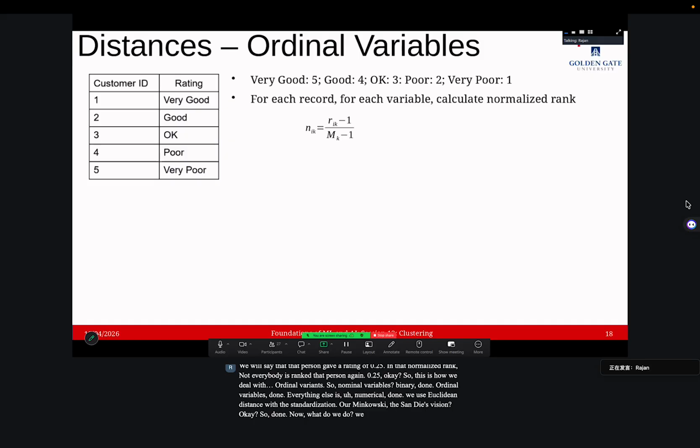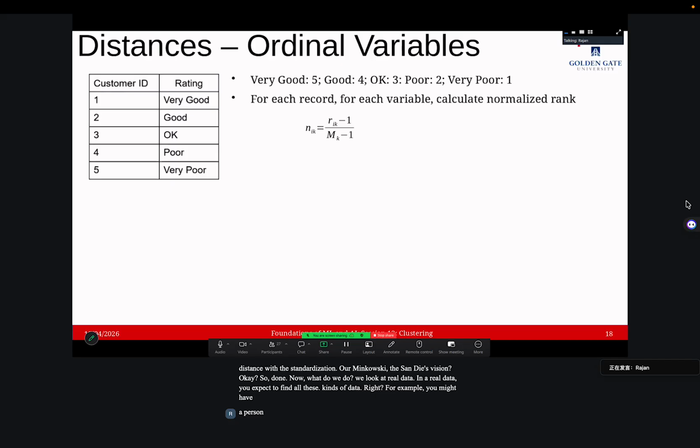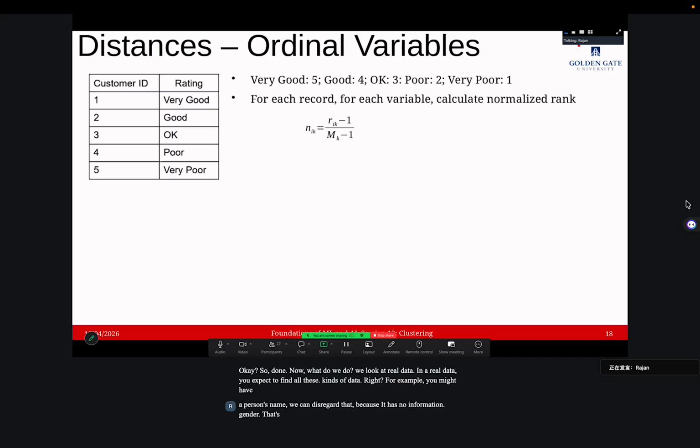We look at real data. In real data, you expect to find all these kinds of data, right? For example, you might have a person's name. We can disregard that because it has no information. Gender, that's a binary or some nominal variable. Then you have age. Maybe you have socioeconomic demographics value.